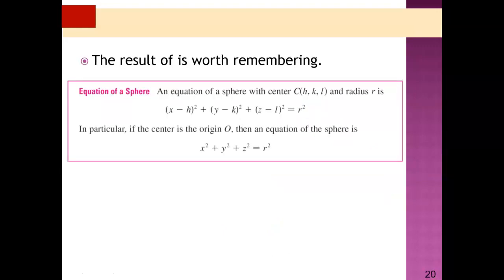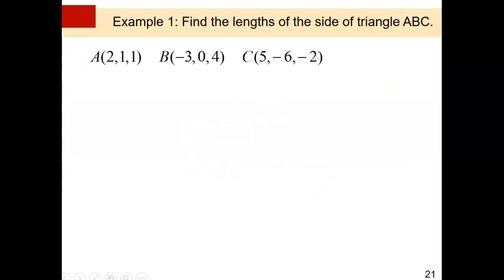And here's our equation. Notice if the sphere is centered at the origin, we simply have h, k, and l are 0, so we get this formula. Now this looks very familiar to us, very similar to the equation of a circle.